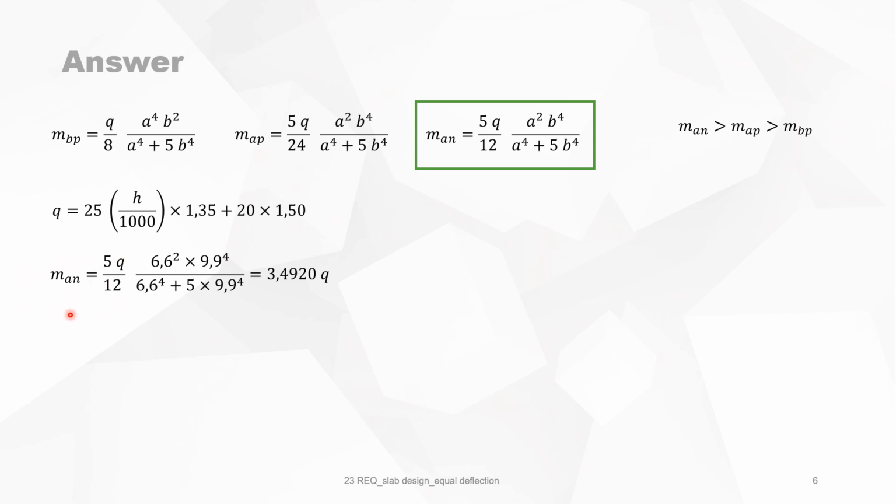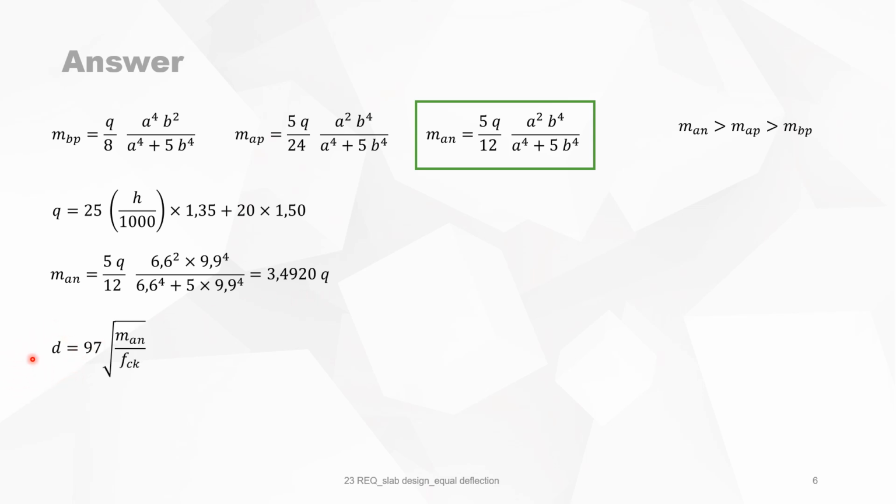The negative bending moment in the A direction is then, using this formula, we put in the different numbers and we get 3.49 times the total load.